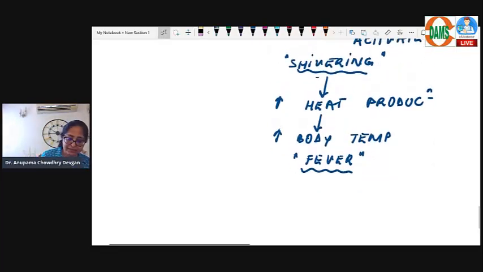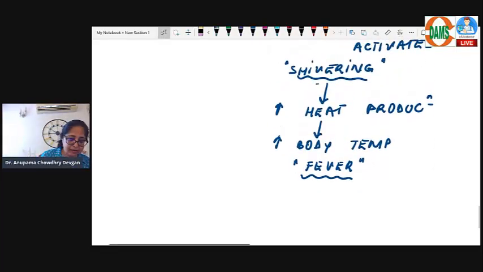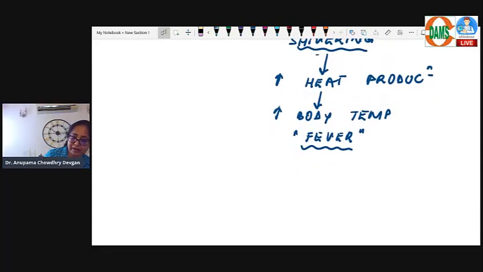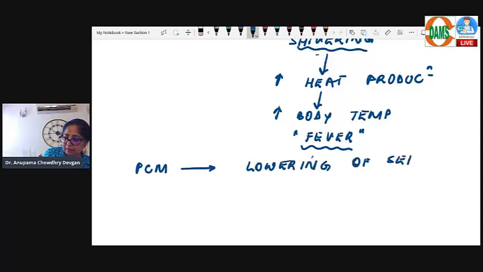Now, when you give paracetamol, there is lowering of the set point.